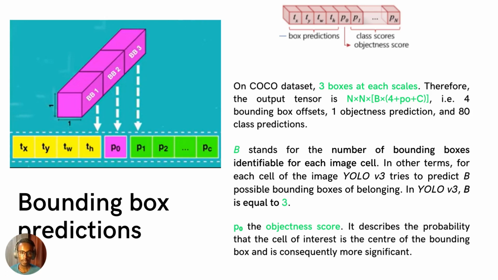It describes the probability that the cell of interest is the center of the bounding box and is consequently more significant. So p0 is just the same as the one that we have seen in a previous video, but we used a different notation of Pc. It's going to describe whether there is an object inside the bounding box, and if there is an object, that value is going to be 1.